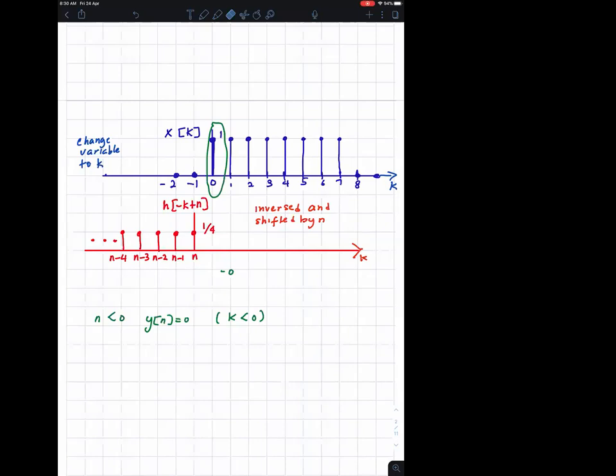So the next case is you continue to slide it through.